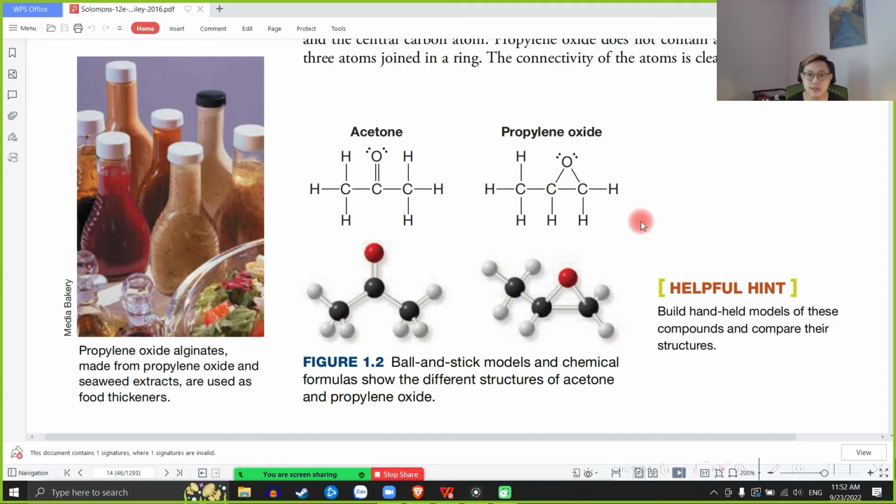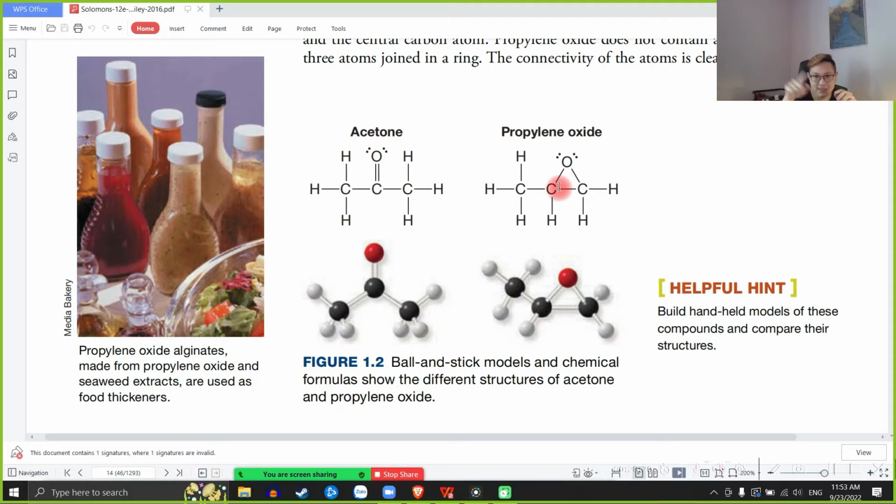Yes, but in my opinion, the second one is more reactive because you look at this bond. It's oxygen, C and C here. This triangle has a 60-degree angle. It's very tight, right? So it's likely to break open easier.